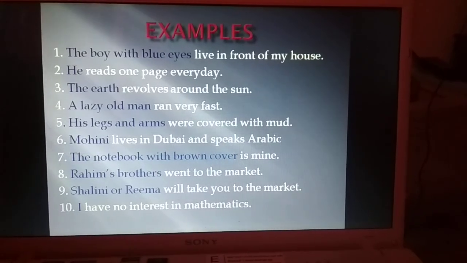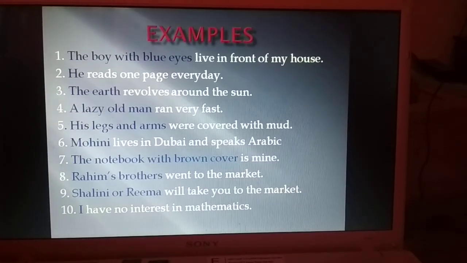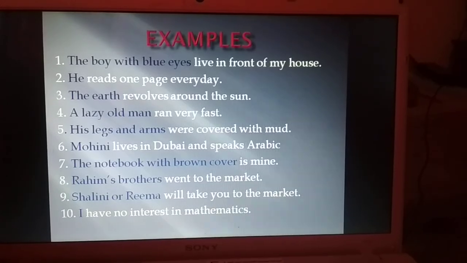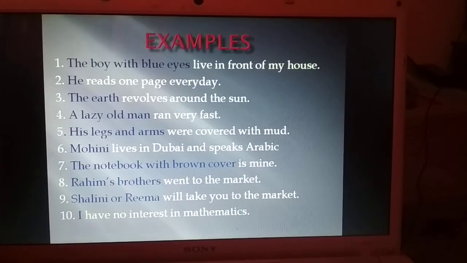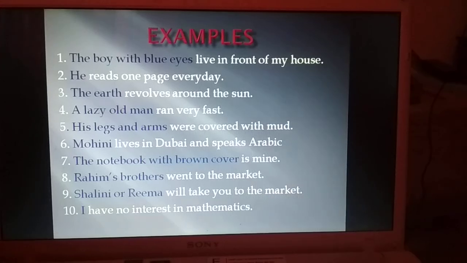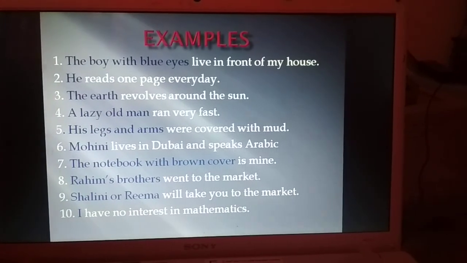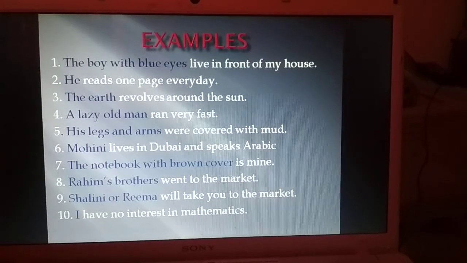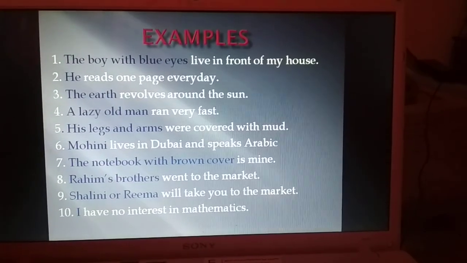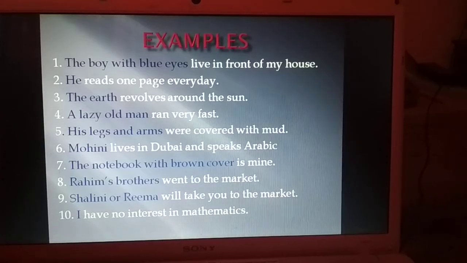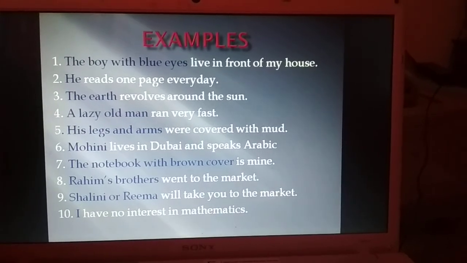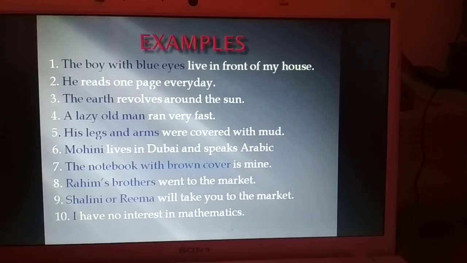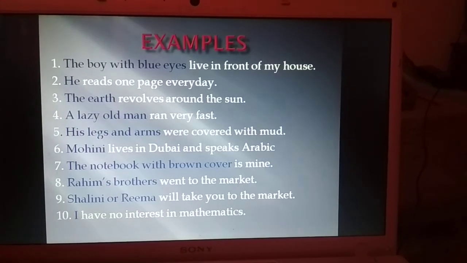Okay. So it is not only the boy, we are going to take all the words which are describing that particular boy. Second one is he reads one page every day. So our subject is he. The earth revolves around the sun. What is our subject? The earth. And the rest part of the sentence is the predicate.